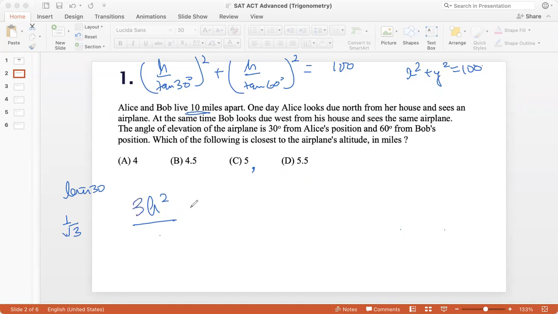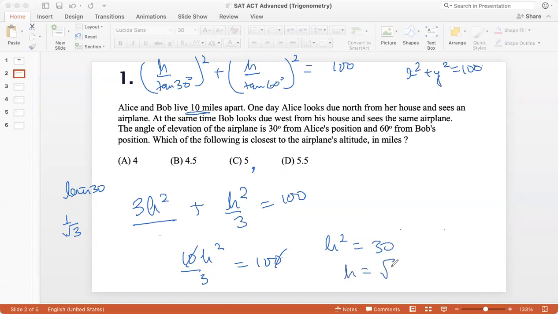So 3h squared plus h squared by 3 is 100. So if I take the LCM, then I get 10h squared by 3 is 100. So h squared is 30. So h is root 30. So from the options, it would have to be D, because 5 is the root of 25. So the best possible answer is option D, 5.5.